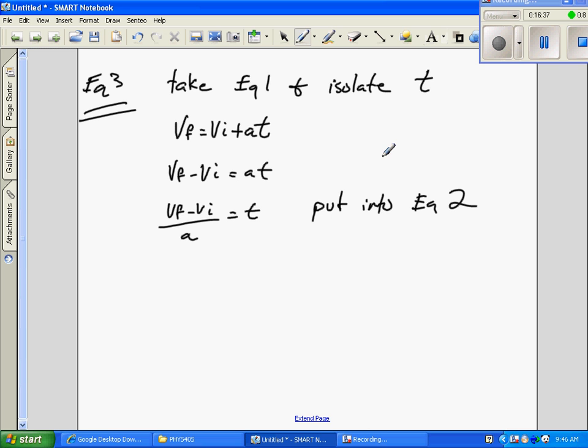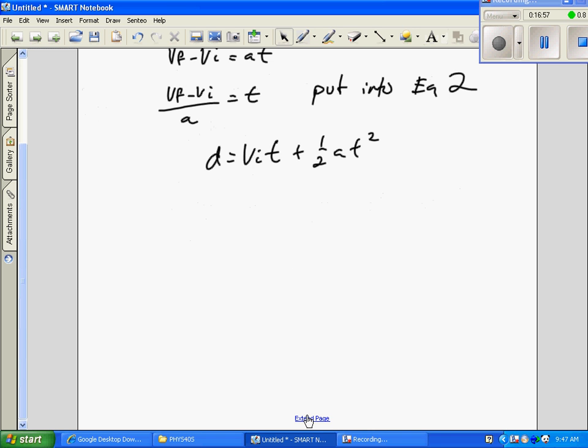What was equation 2? D equals Vit plus 1/2 At squared. I'm going to take this value for t, and I'm going to put it in here for t. Doesn't that look like fun? And here's what it looks like.